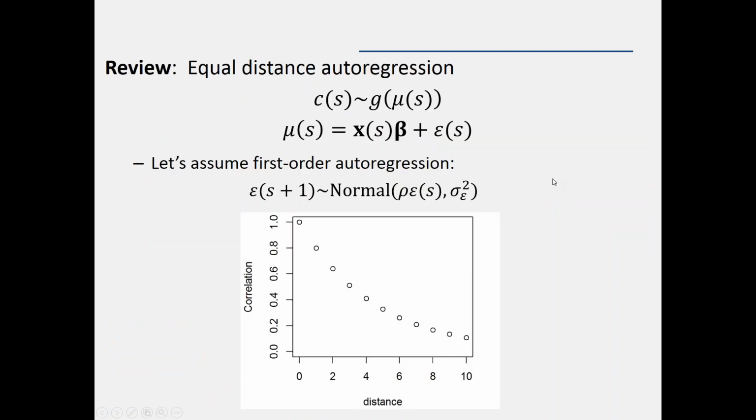To review, equal distance autoregression involves snapping all of the locations to pretend that they all have equal distance from one another. Then we derived quickly the correlation function as a function of distance under an exponential correlation function, or a first order autoregressive process, the same way we've been doing for time series models.